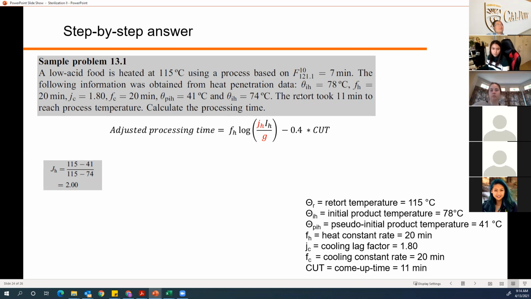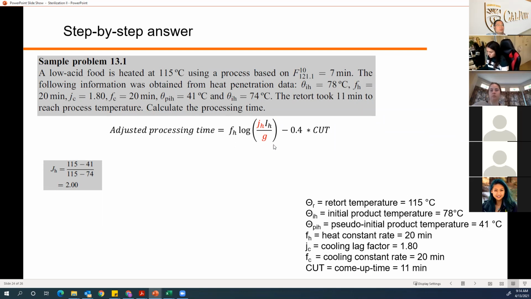But in your case, either one used is fine. If you use 78, that's fine. Okay, so the final answer is close to 2.00. Even if you plug in 78, it should be close, right? It should be a little bit greater than 2, but it should be close. So that's our JH, right? Thermal lag factor we already got.